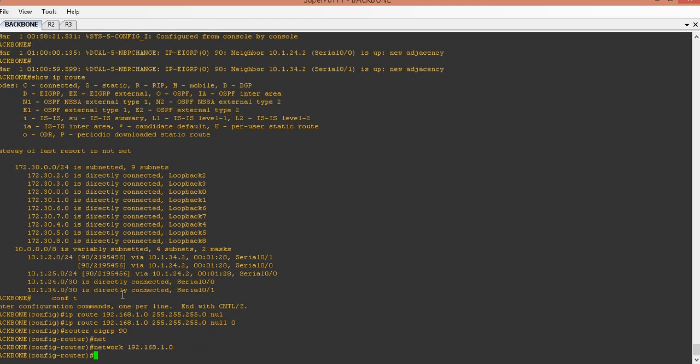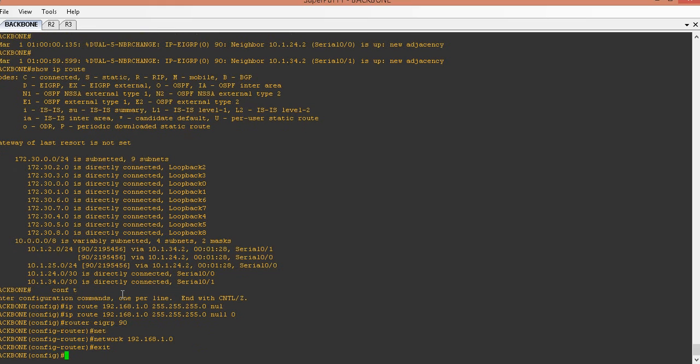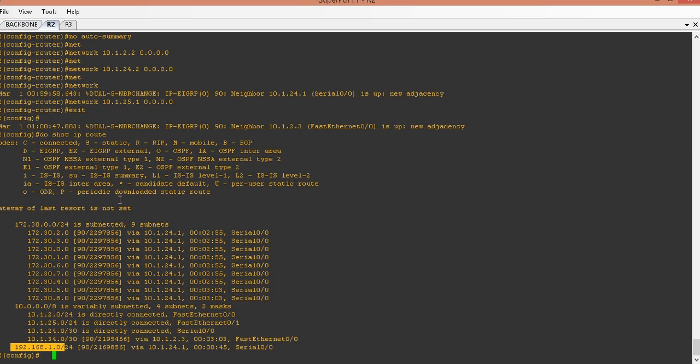In the backbone router, we have to implement the command in a way that this network will be the default candidate. It will have an asterisk on it.